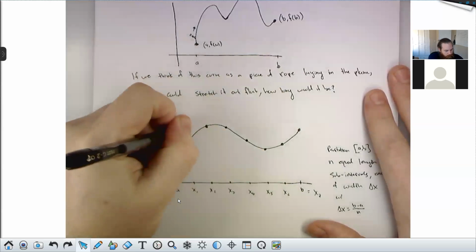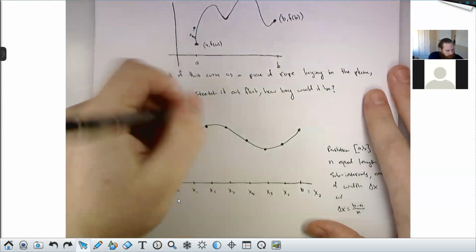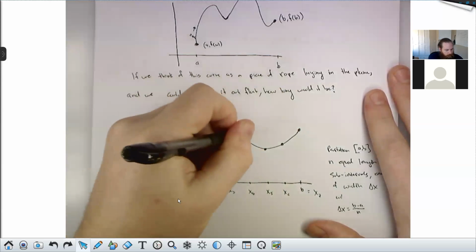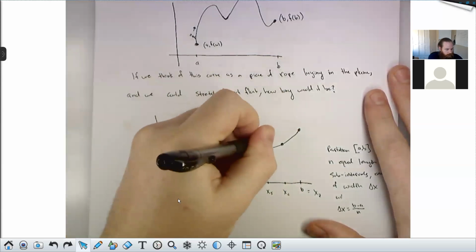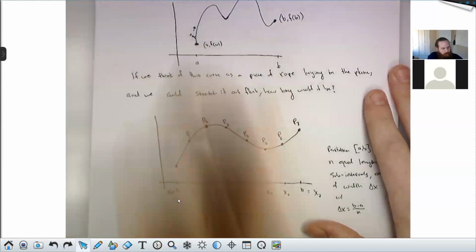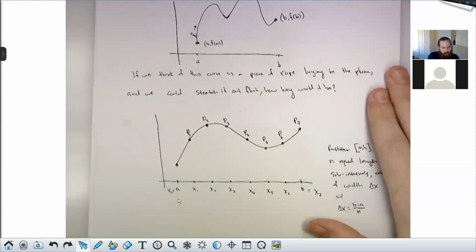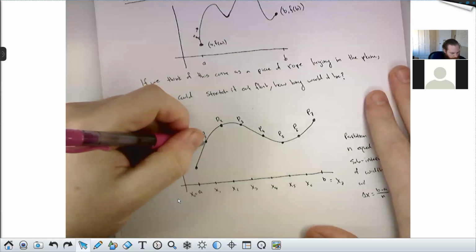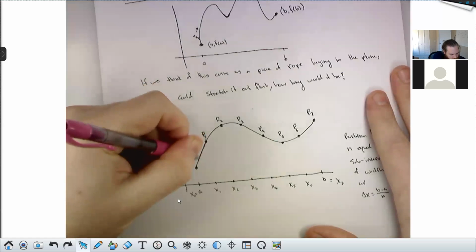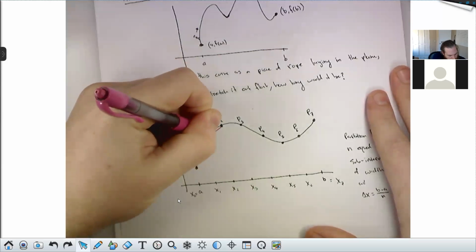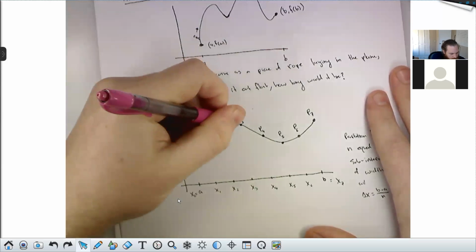So I call this guy P1, P2, P3, P4, P5, P6, and P7. Each one of these subintervals, I can approximate the length of the curve as a straight line.